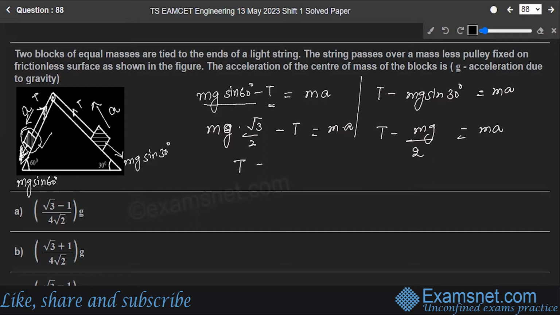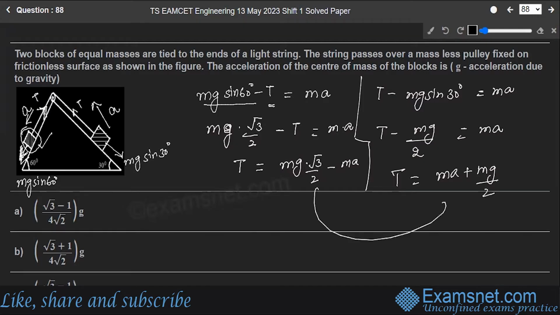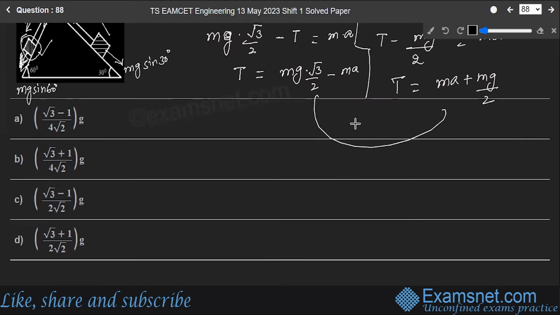So from here you have T is equal to mg into root 3 by 2 minus m into a, or T is equal to mg by 2 plus ma. From both of them, they are equal, root 3 mg by 2 minus ma is equal to ma plus mg upon 2.